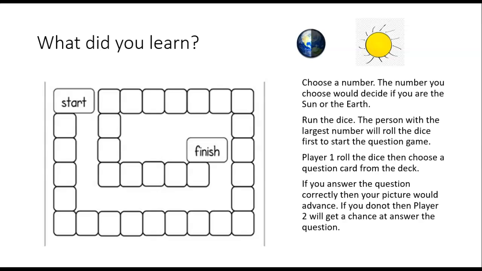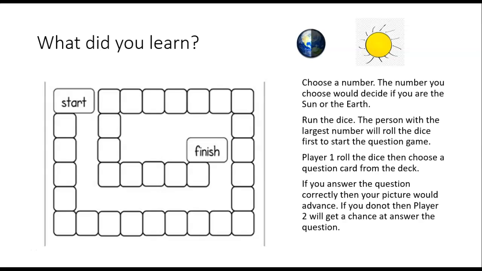So the rules are, they will first each get a turn to roll the dice. The person who gets the highest number will be the one who goes first. Now, when that person rolls, they would have to choose a question. And if that person answers the question correctly, then their picture would advance, meaning if they roll a 4, then the picture would advance 4.